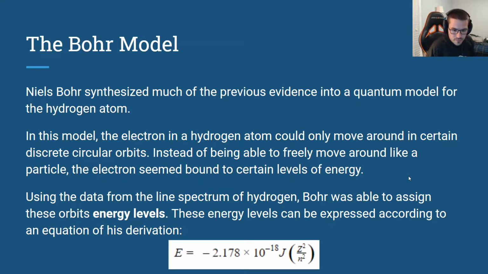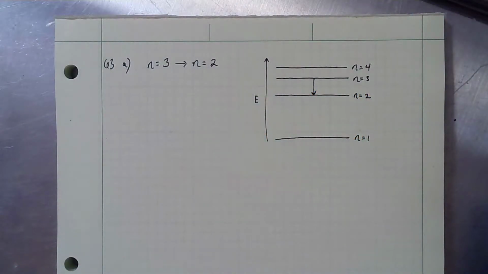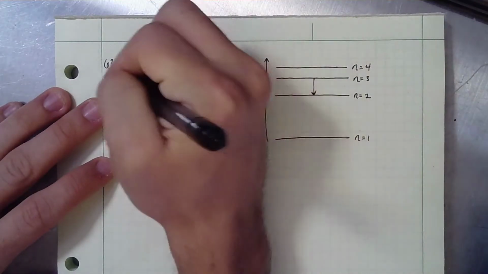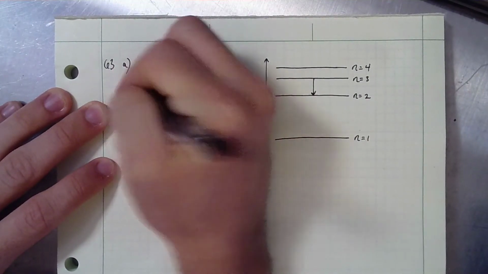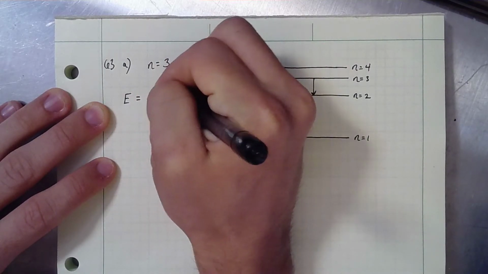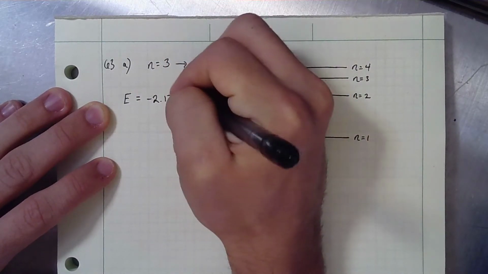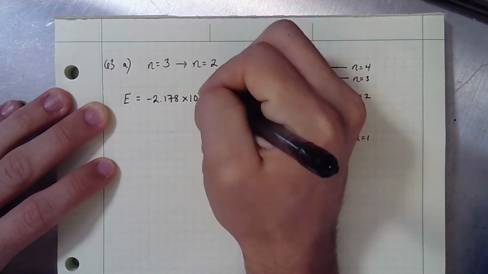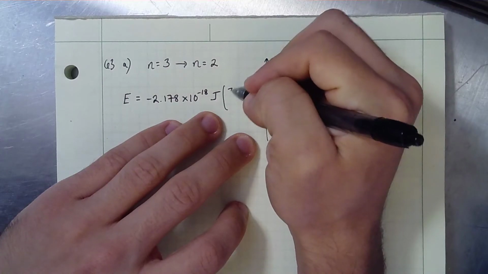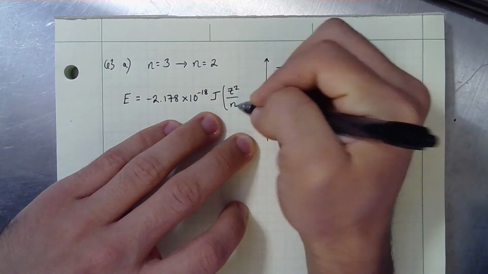I'm going to copy that equation onto my paper here, and we're going to be using that. The equation was E is equal to negative 2.178 times 10 to the negative 18th joules, and then there's this factor at the end, Z squared over n squared.